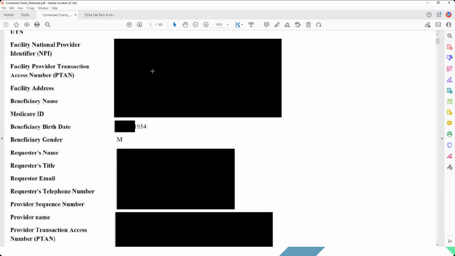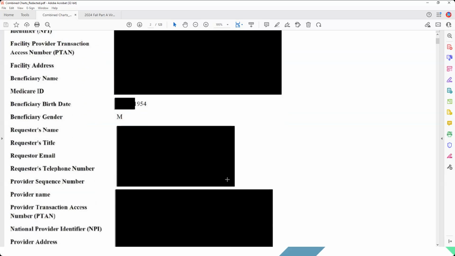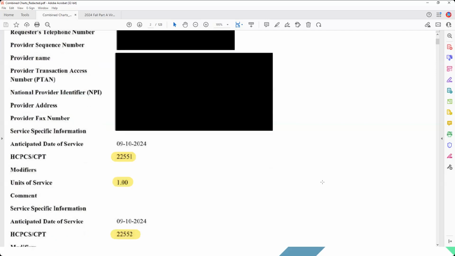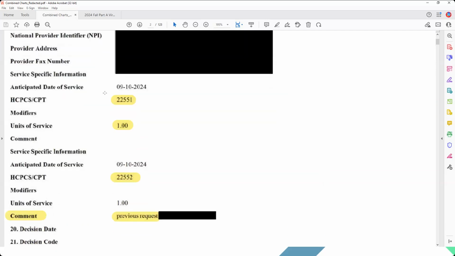They've given all of the information about the facility, the beneficiary, the Medicare number for the beneficiary, who's requesting it. This is all protected information that I have to sanitize out, so I can't show you that. The important things are, when do we anticipate doing this?